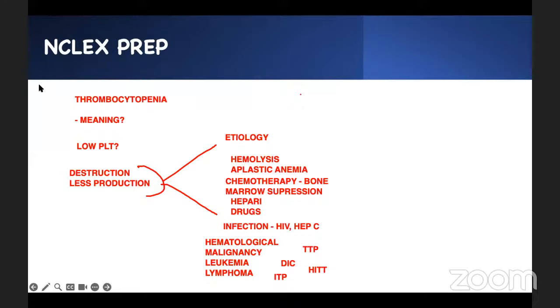Now, there's few things you have to know. Normal platelet count is greater than 150,000, right? Per microliter, I would just put 150,000. Know these two numbers, right? Less than 50,000 and less than 20,000.